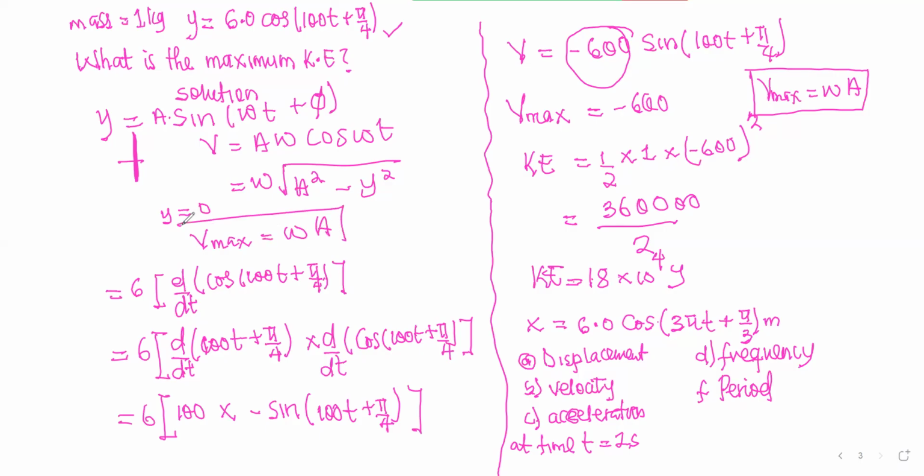So we actually derived it when we were using a vertical oscillation in terms of sine. If you are given a cosine, you must treat it as such to obtain the expression for the maximum velocity.